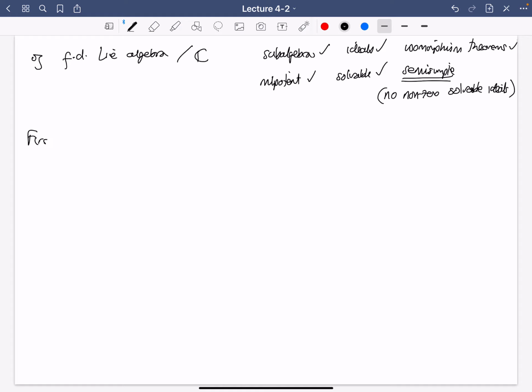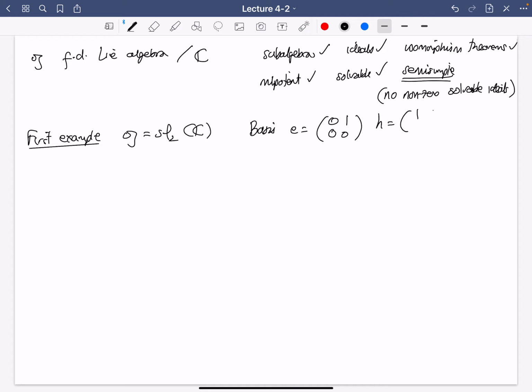I haven't given you very many examples yet, at least no examples that we've actually done anything with. So let me give you the first example. The first example is the Lie algebra SL2 of C. So this is 2 by 2 trace zero matrices. It's three-dimensional, and it's got this basis. E is the matrix 0, 1, 0, 0.